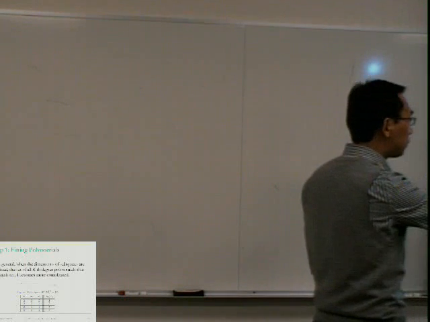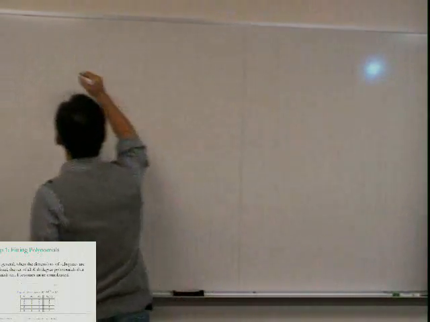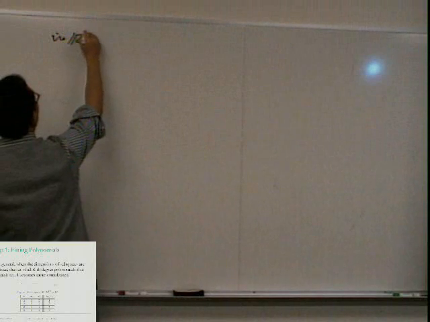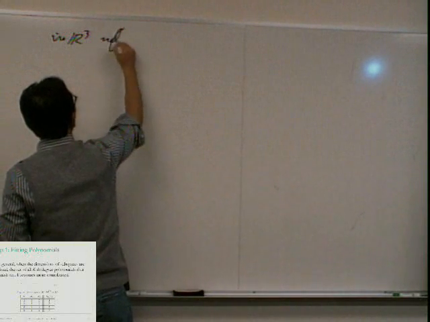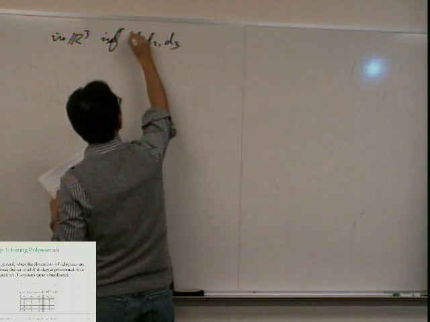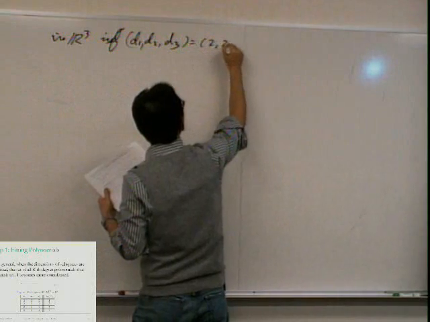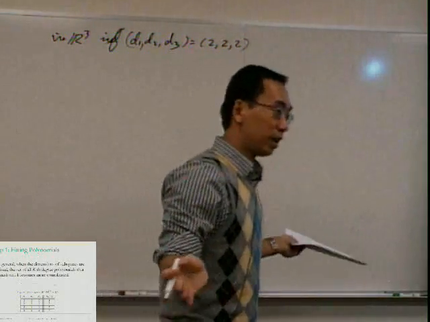So for the first case, is the first one easy or hard? In R3, if the combination D1, D2, D3 is equal to 2, 2, 2, what do we get? Hyperplane case, right?